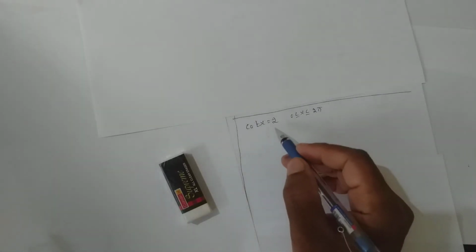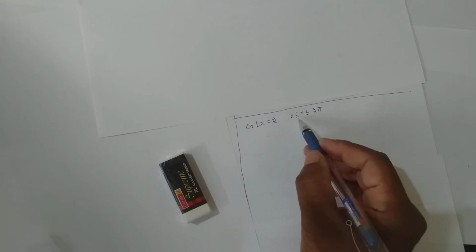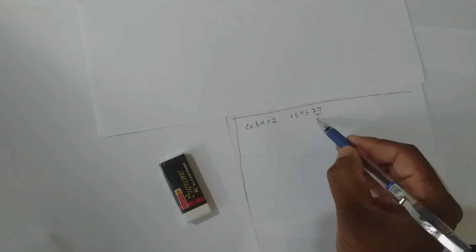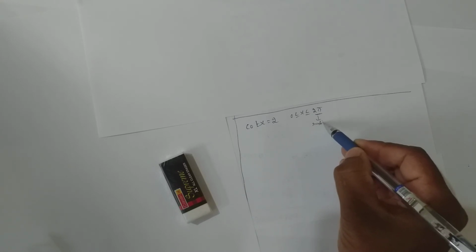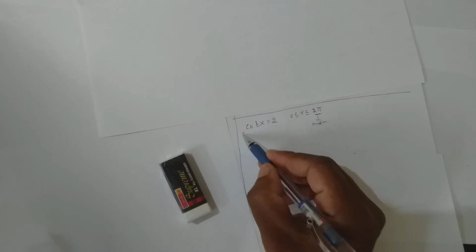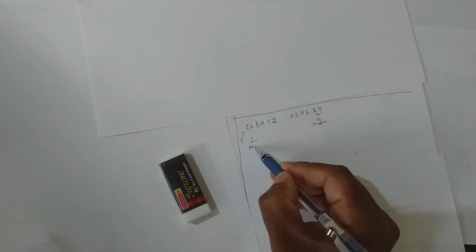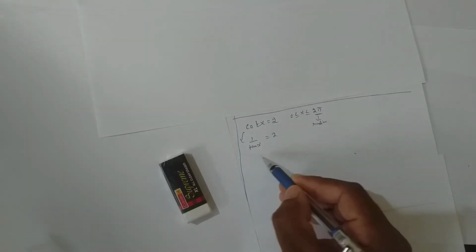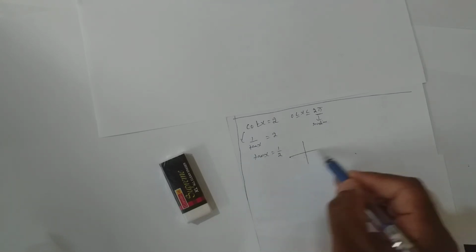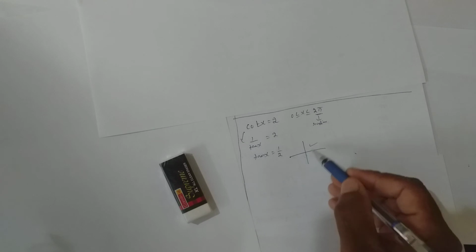The next sum is cot x equal to 2. The x value you need to get between 0 to 2 pi. Again 2 pi, so your calculator should be in radians and the answer should also be found in radians. Cot can be written as 1 by tan x, so indirectly it indicates tan x equal to 1 by 2. Where is my tan positive? First and third.